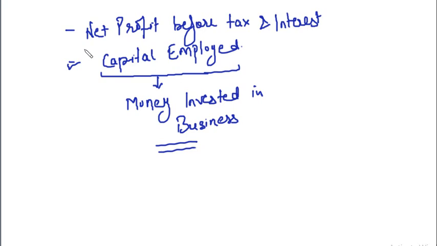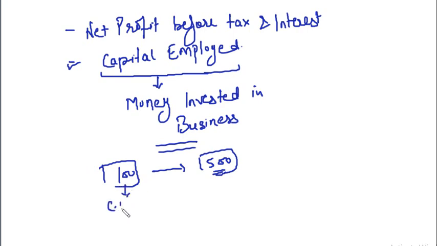Capital employed is money invested in the business, so through this ratio, you try to identify how much money is invested in the business, and by investing that money, how much net profit we are earning. Suppose you invested 100 rupees in the business and you are earning a profit of 500 rupees, right? This is what we have to find out.